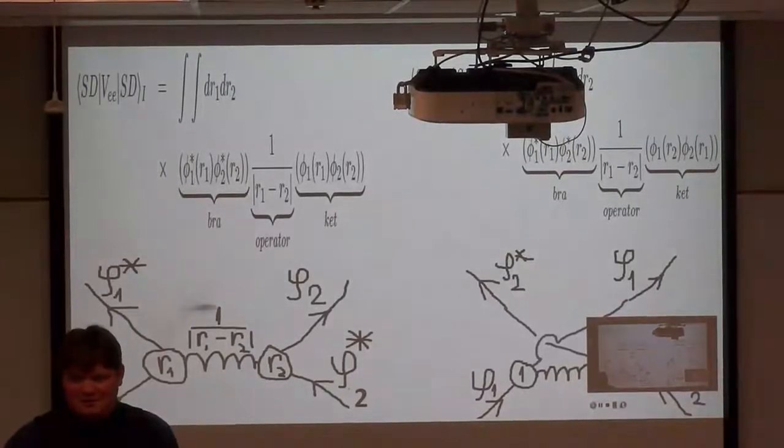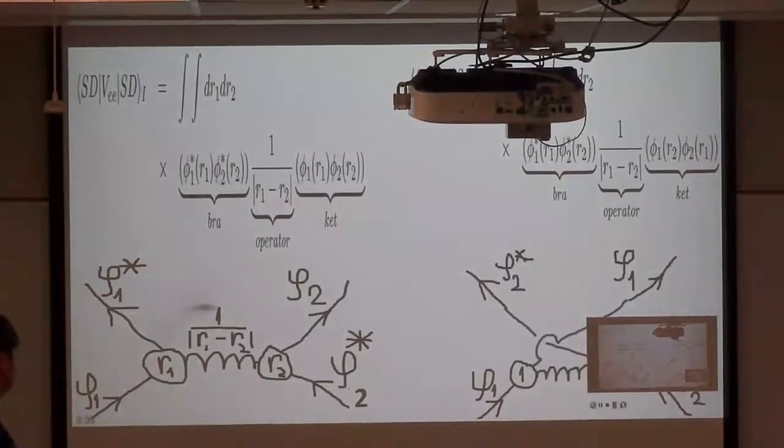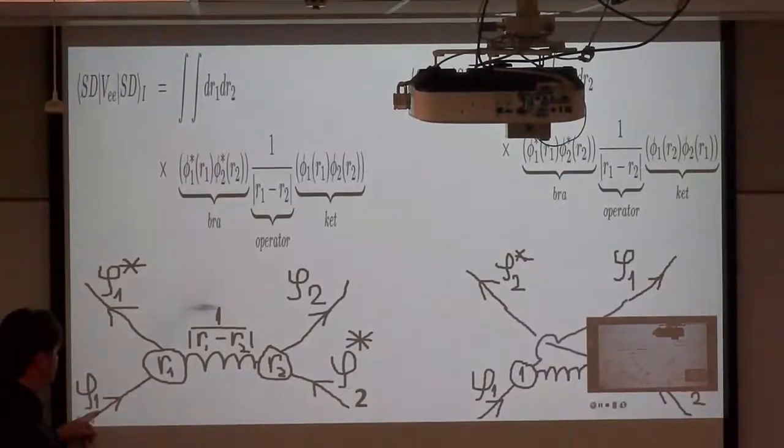Well, not only for these diagrams, for other things as well, but who knows the name? Yes. Okay. So the straight line means an electron in the state which is labeled here, right?